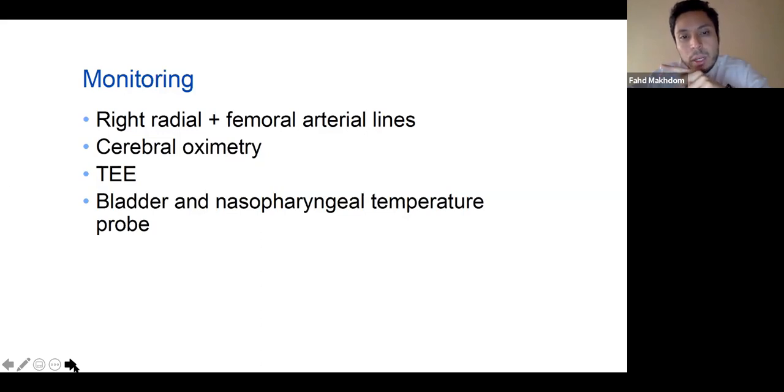So for the circ arrest, I will wait to be safe. I will wait for the bladder to be at the target temperature. And also during rewarming, I will wait for the bladder to be at the target temperature before trying to come off, because it indicates the core body temperature most likely.